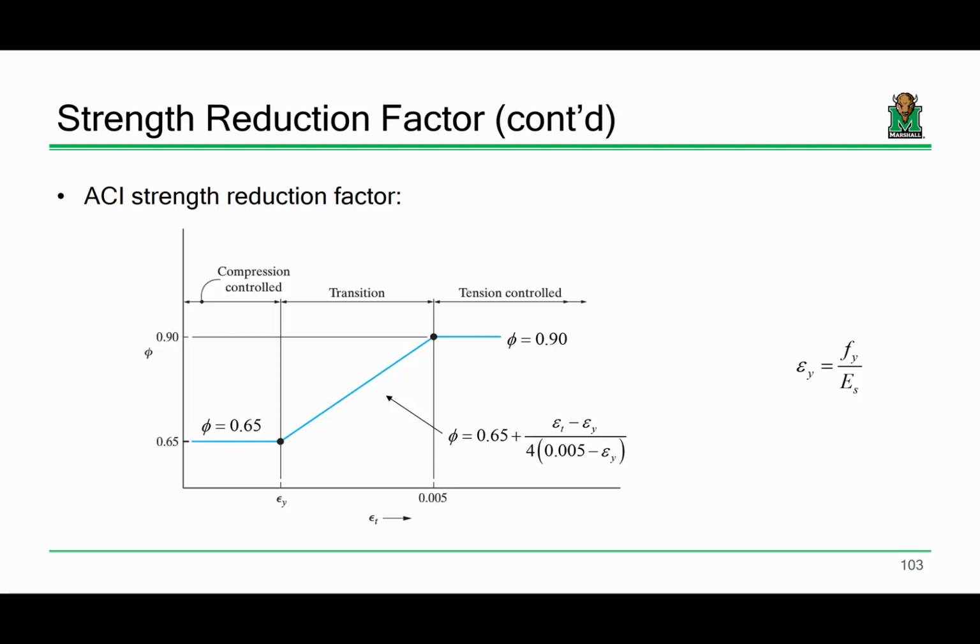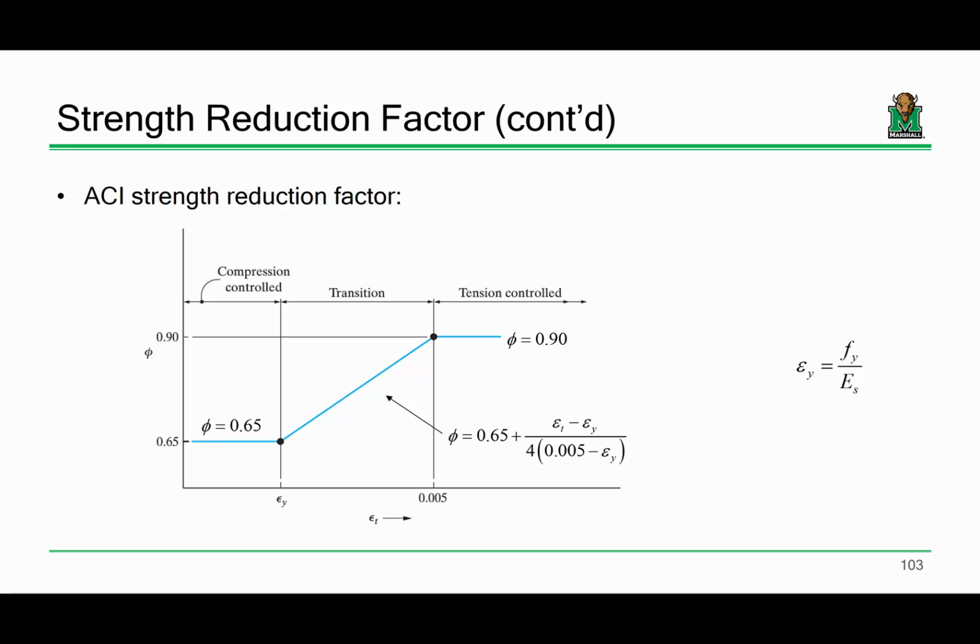What we do is we look at the behavior of a beam and we say, okay, here's how the beam is going to behave. What is its resulting phi value? Let me ask you a question. Let's just make sure everybody's paying attention. Do we prefer that beams are tension controlled or compression controlled? Tension controlled. So let's say I had a beam that was tension controlled and a beam that's compression controlled.